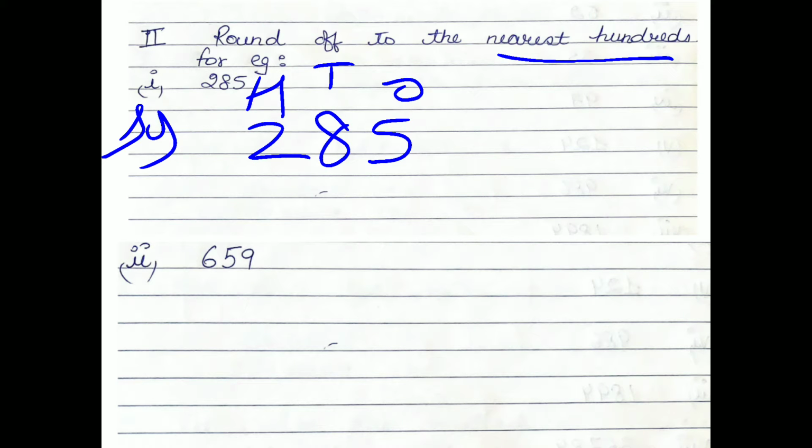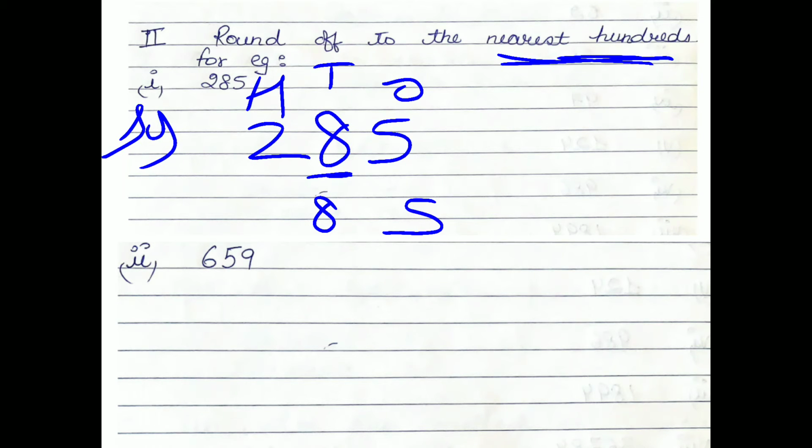In case of 100 place, which place do you have to see? Tens place. In case of tens, which place do you see? Ones place. In case of 100 place, you have to see the tens place. Now compare the tens place with 5.